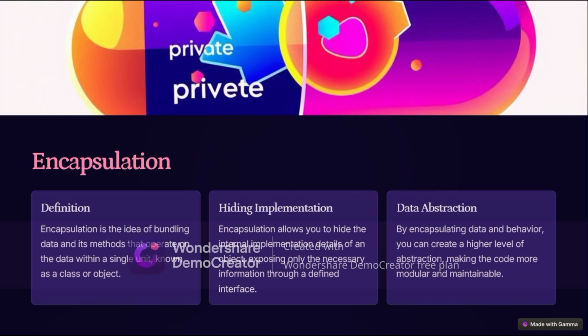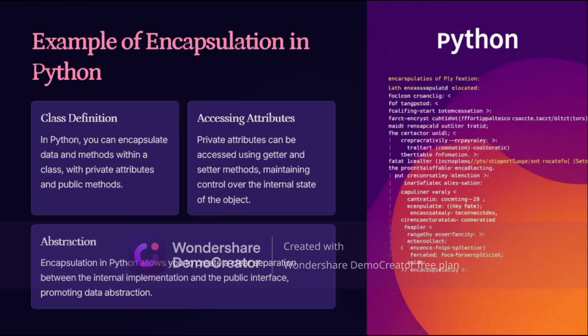That means we hide the complex logic we have written and just display the result on the UI. Then data abstraction. By encapsulating data and behavior, you can create a higher level of abstraction, making the code more modular and maintainable. Here I have given an example of encapsulation in Python. We can go through how it works.